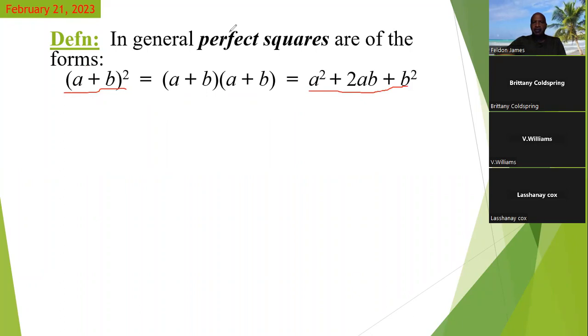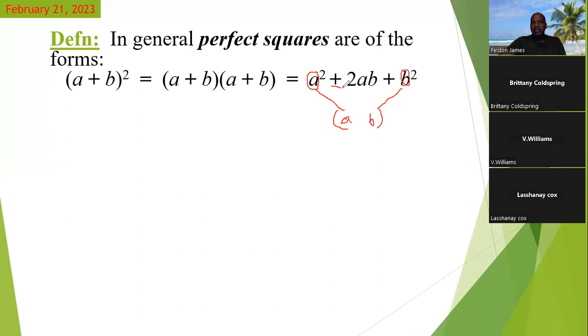Because all we need to do to get from this expanded form back to the original form is to bring down the bases. And notice I'm saying you bring down the bases. Now, when we say the bases, we are referring to the base without the power. So you bring down the bases in the brackets. So you bring down a here without the power. You bring down b here without the power.